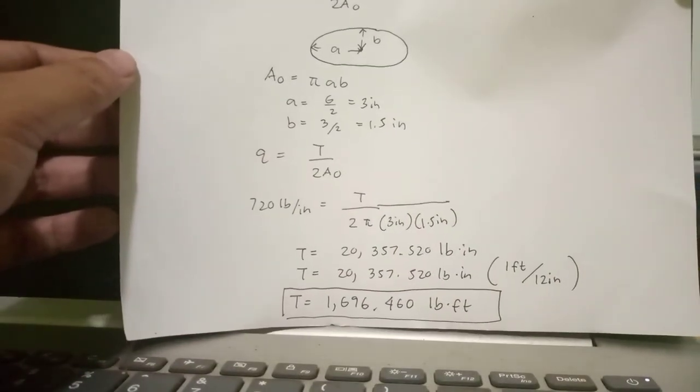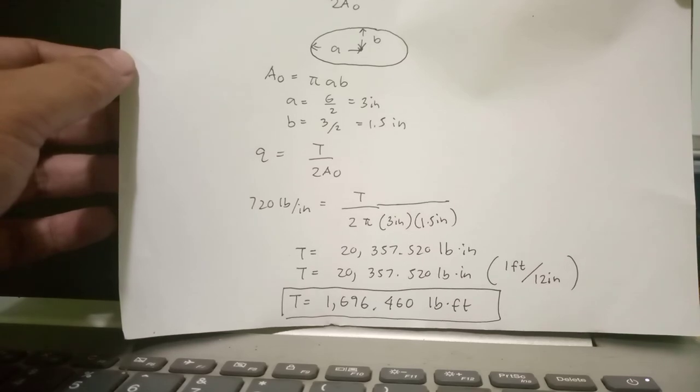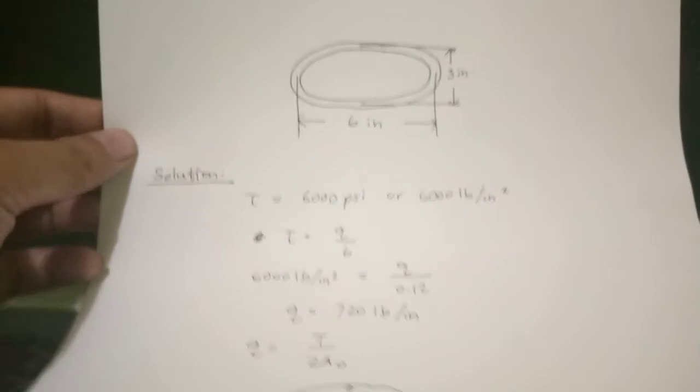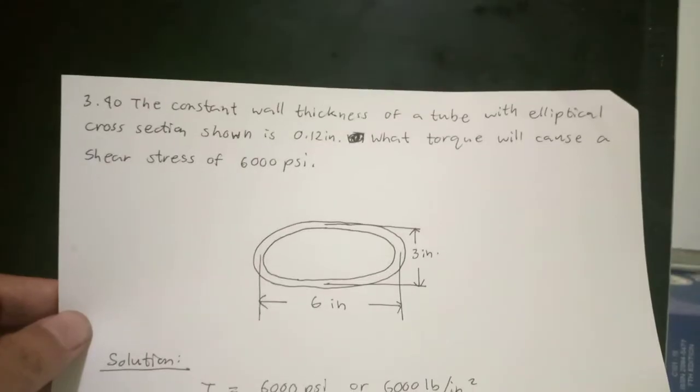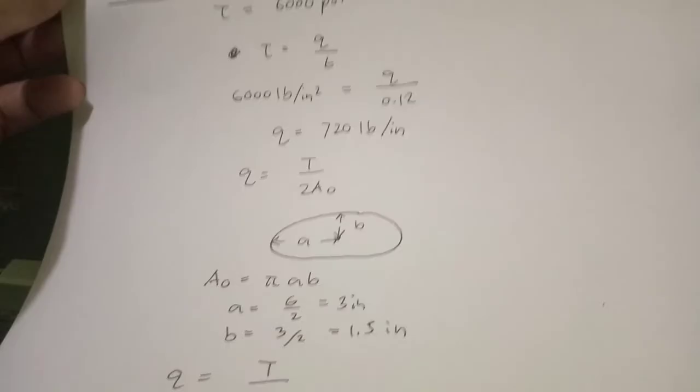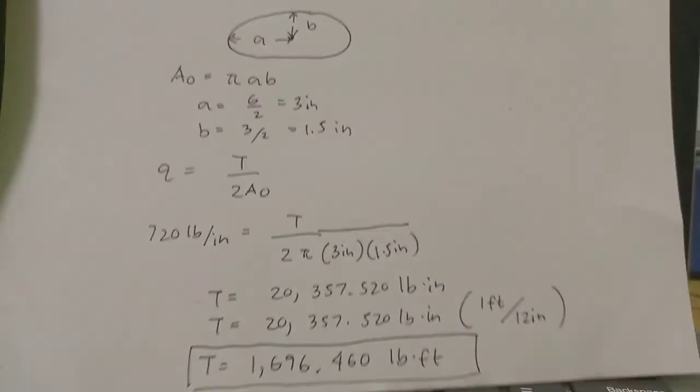So we get the torque value equivalent to 1,696.460 pound foot. So this is the problem, and this is the solution.